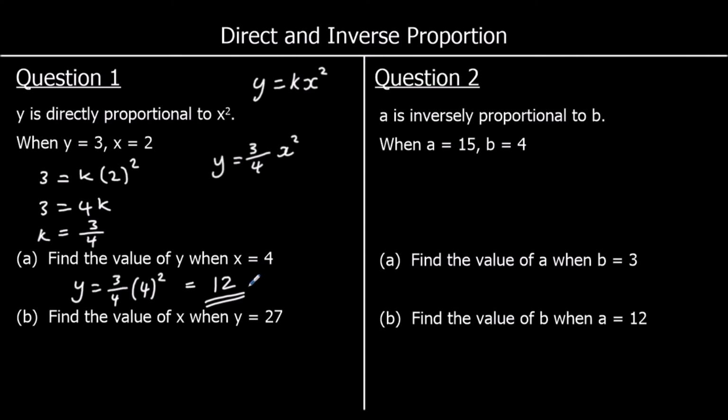Part B. Find the value of x when y is equal to 27. So we're changing y into 27 this time, which is equal to 3/4 of x squared.